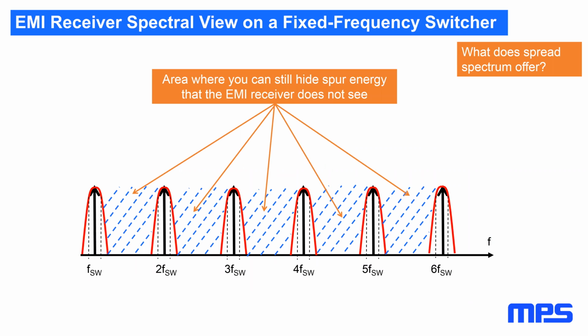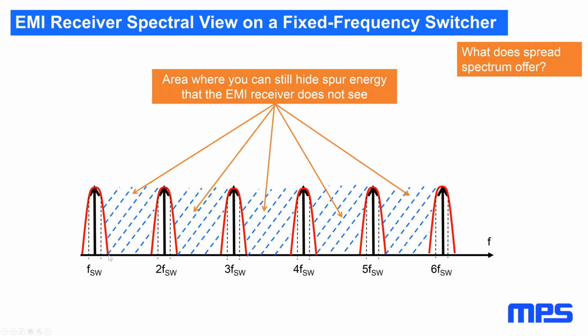Then I want to talk a little bit about what you can do in addition if you go away from fixed frequency into spread spectrum. You can assume that a fixed frequency switcher will give you a fence, a comb, with all the harmonics. The EMI receiver has a resolution bandwidth of 9 kilohertz up to 30 megahertz, and typically 120 kilohertz above 30 megahertz.